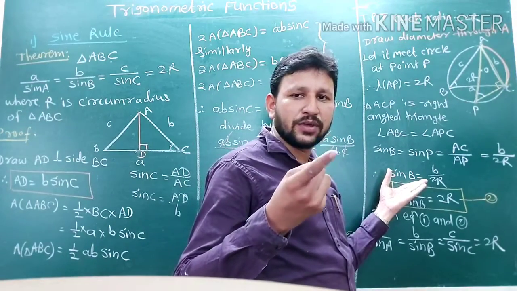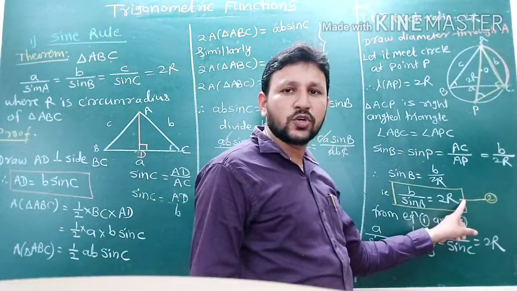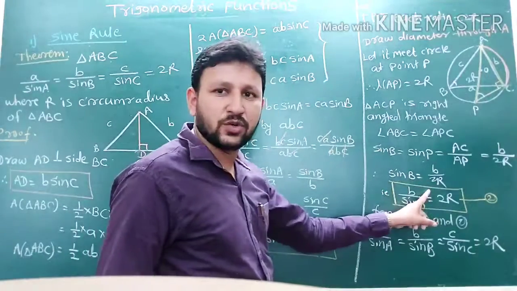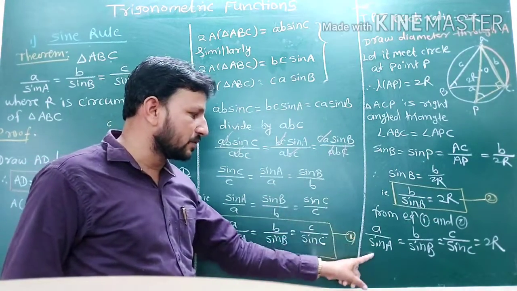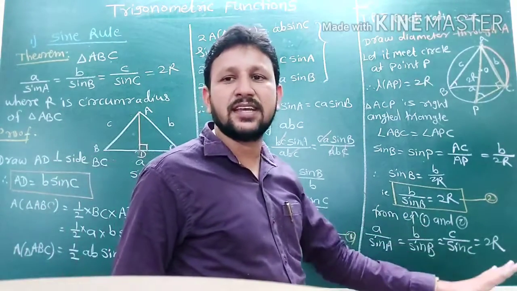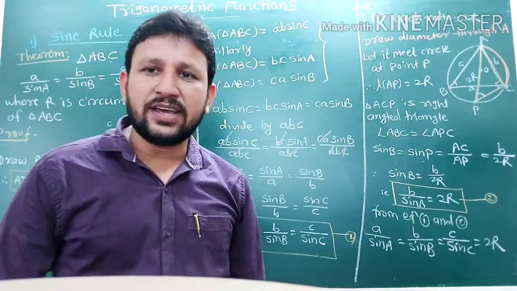From this relation, we obtain the ratio b upon sine B is equal to 2R. From equation 1 and equation 2, we can equate these values. So the relation is obtained: a upon sine A equal to b upon sine B equal to c upon sine C. This ratio is 2 times R. Okay, we stop here.